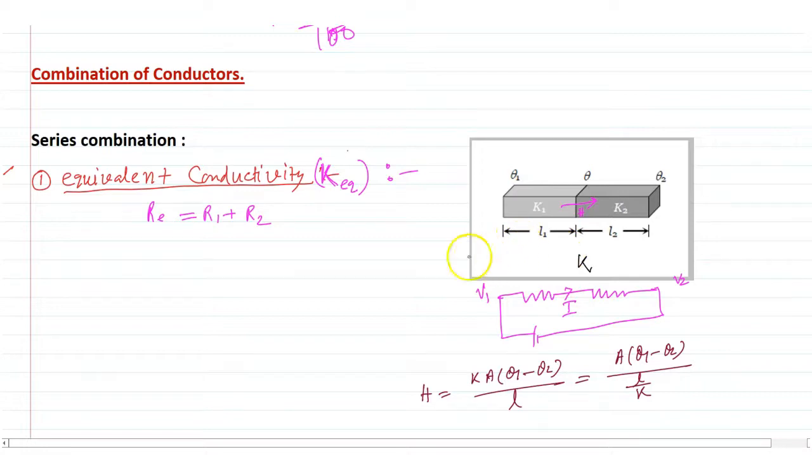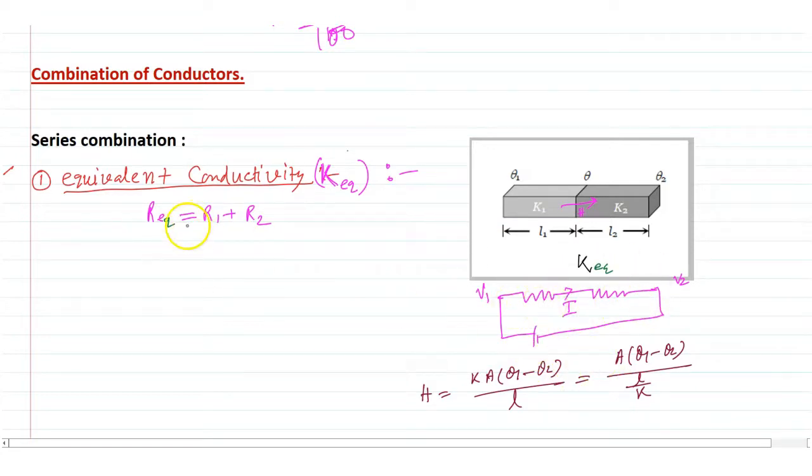So we have to find the equivalent conductivity, or first you have to find the equivalent resistance, then you can find the equivalent conductivity of this. They have conductivities K1 and K2. Cross section area is the same for both, and temperatures are theta 1, theta and theta 2. Lengths are L1 and L2. So you have to find K equivalent. As they are connected in series, the equivalent resistance will be R1 plus R2, just like resistors.